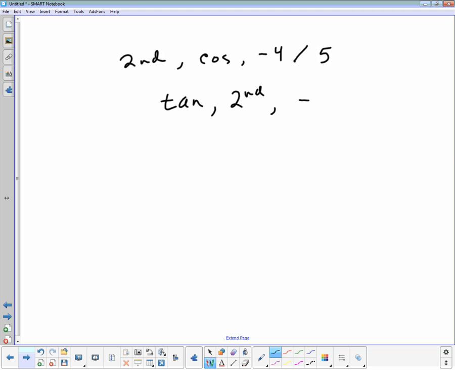For example, type in the arc sine of 0.9.